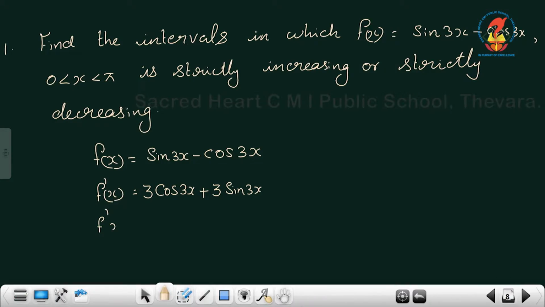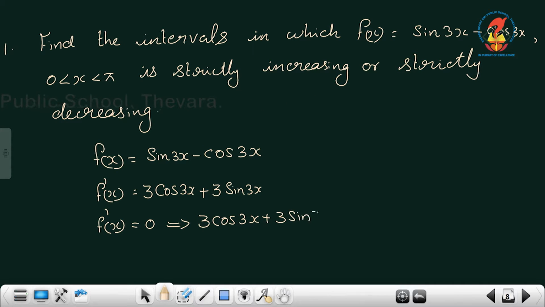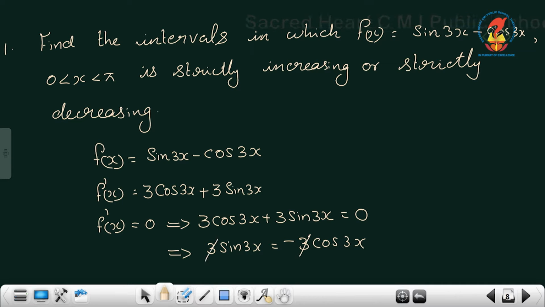Then the next step, f dash x is equal to 0, which implies 3 cos 3x plus 3 sin 3x is equal to 0. Now we take one term to the right hand side. That implies 3 sin 3x is equal to minus of 3 cos 3x. 3 and 3 cancel.